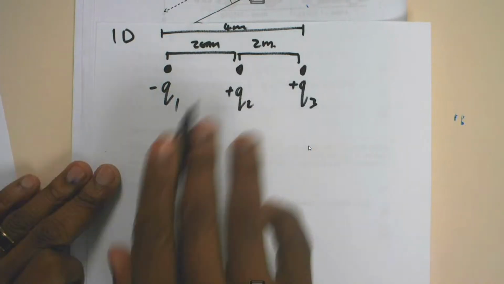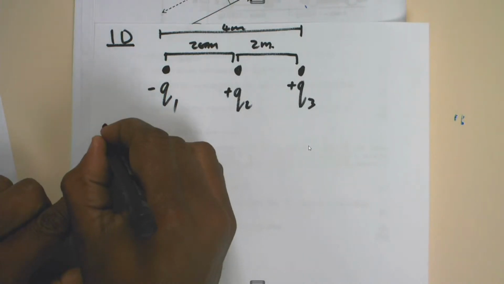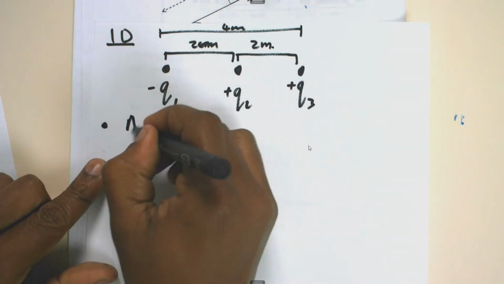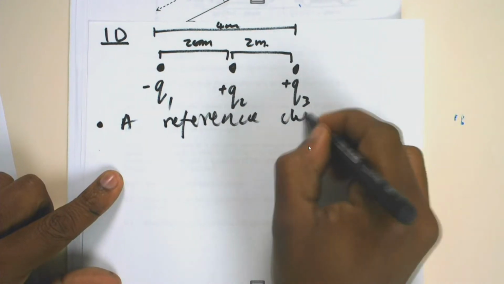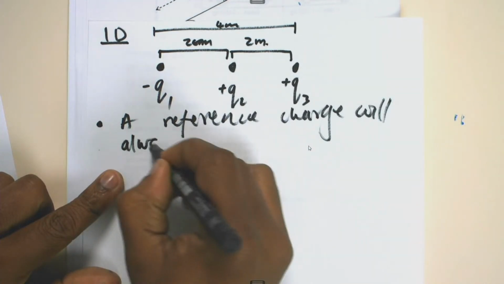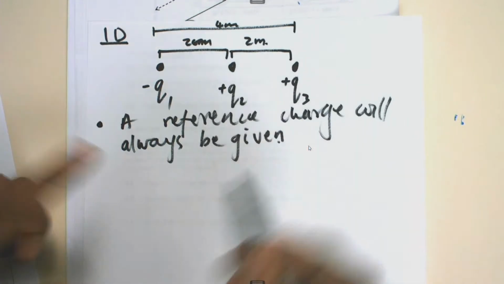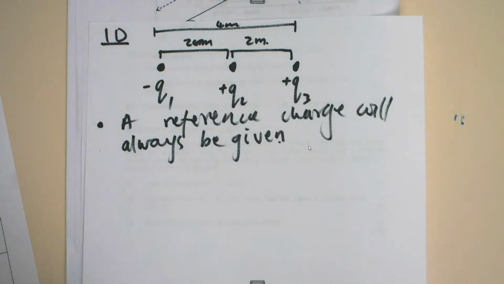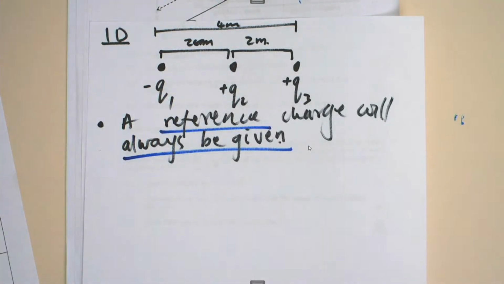But in this situation of 1D, a reference charge will always be given. So what do I say about the reference charge? A reference charge will be the focus charge that all the calculations are based on.